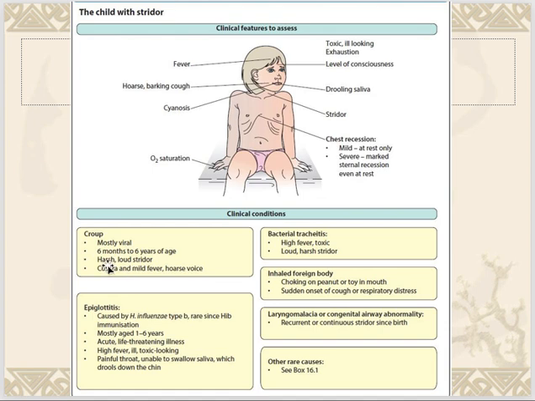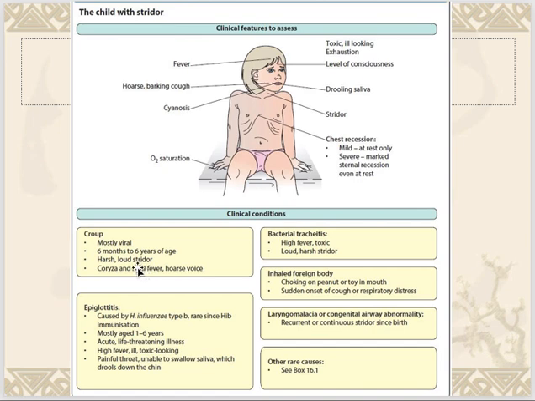In many stations, like in PLAB and AMC, they show you a dummy, and once you start taking the history from the role player, the dummy will cough, and you have to catch from that cough how it sounds.